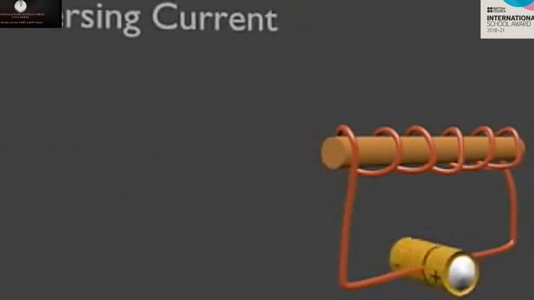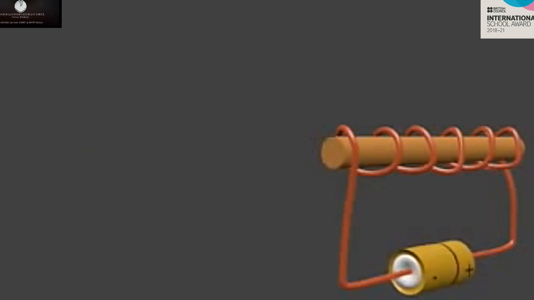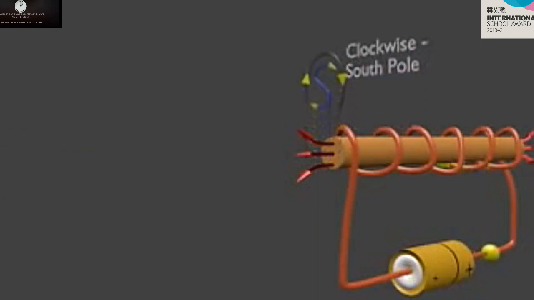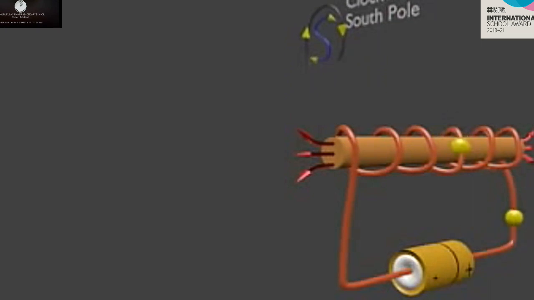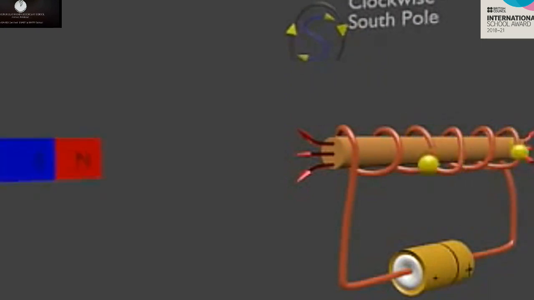That is why the North Pole gets repelled. Now we are reversing the current and see the current is flowing in the clockwise direction. So if the current is flowing in the clockwise direction, that end will be South Pole.